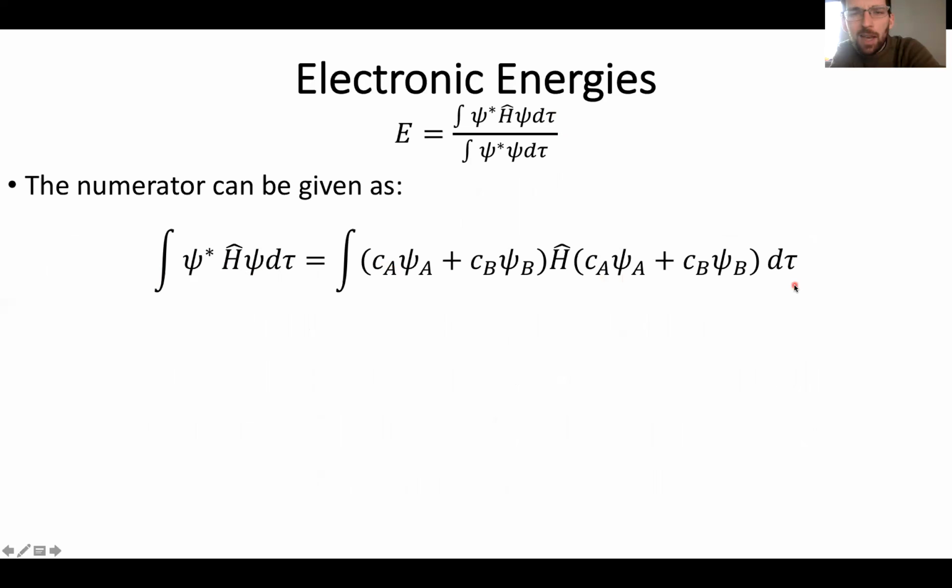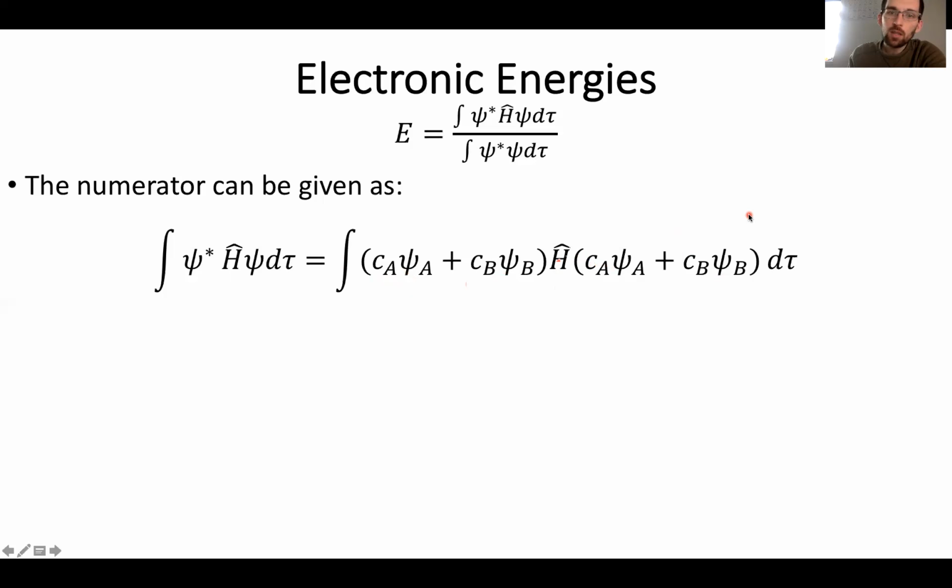And now this guy is a bit of a mess because it means that I'm applying my Hamiltonian operator to each of these wave functions. And then I'm applying the wave function of A times each of those resulting possibilities plus the wave function of B times each of those resulting possibilities. And then I have to integrate each of those.